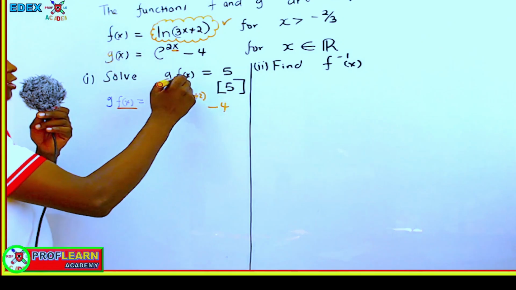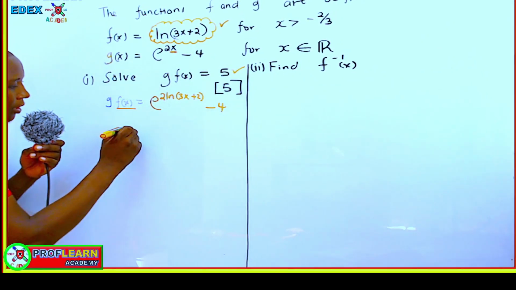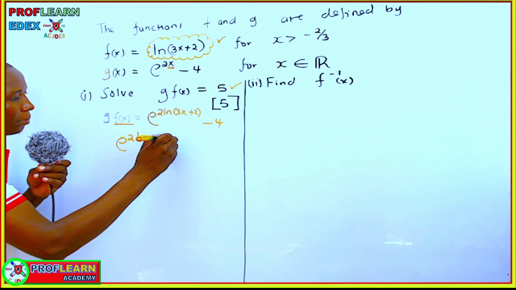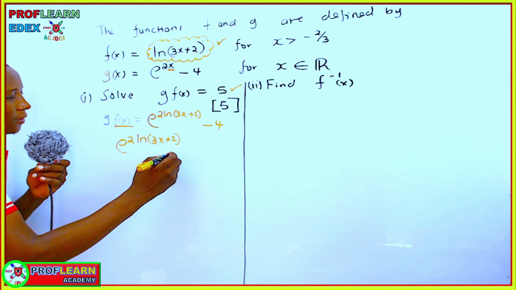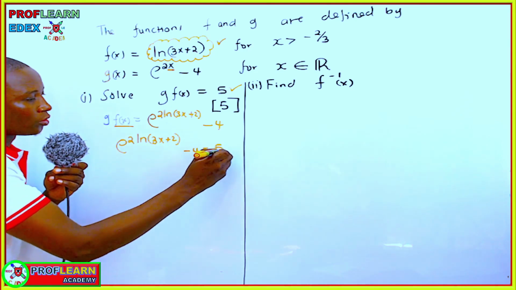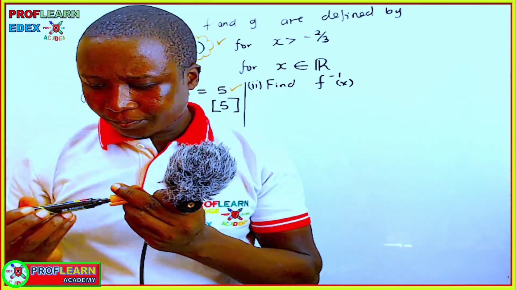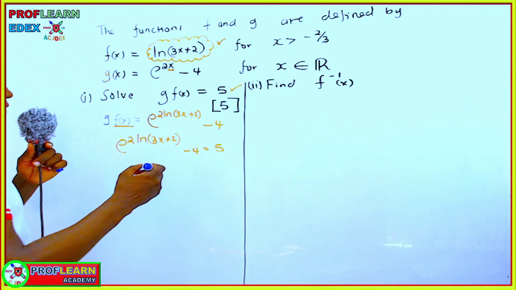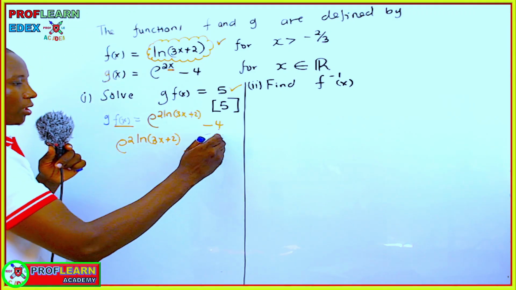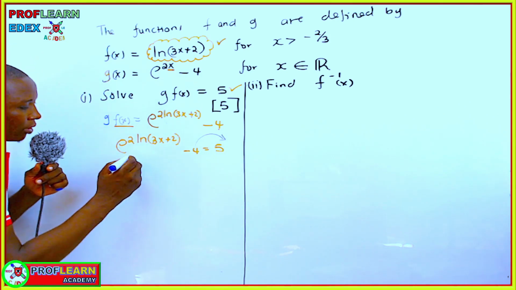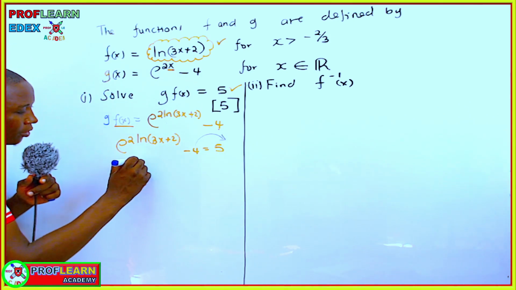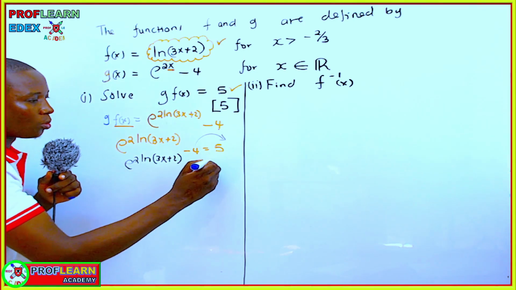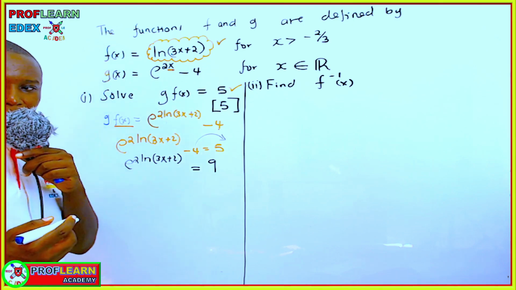Now we are told we are solving gf of x equals 5. So we have e to the 2 ln(3x + 2) minus 4 equals 5. We solve this the way we usually solve exponential and logarithmic equations. We take the 4 to the other side, and we have e to the 2 ln(3x + 2) equals 9.